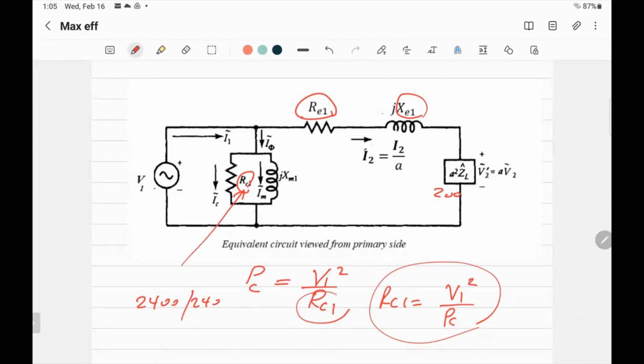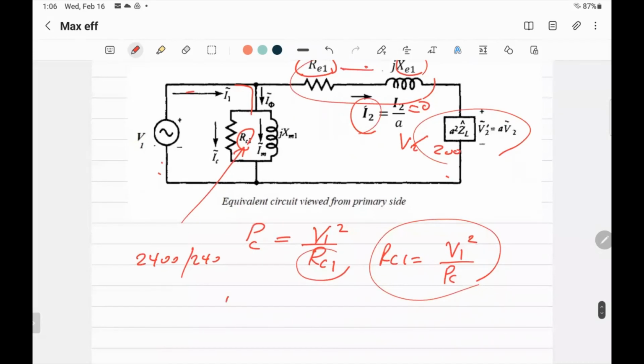At no load, this current here, I2', is equal to 0 if you don't have load. That will be open circuit, so the I1 will go there. If there is no drop across the impedance, the voltage V2' will be equal to V1. So in this case, yes, V1 is equal to V2', that you did, 2400. It's the same value, but I have to explain why, because if any change happens, any problem. So V1 is equal to 2400.